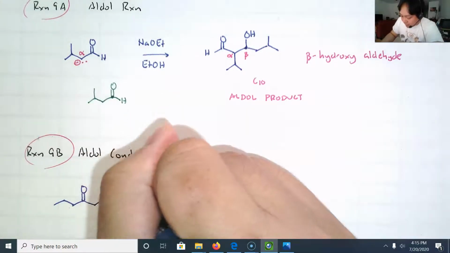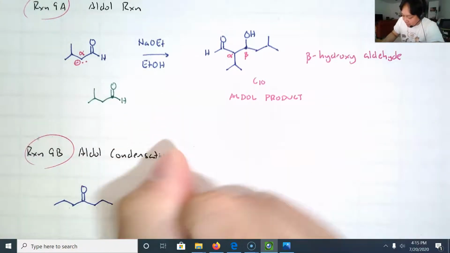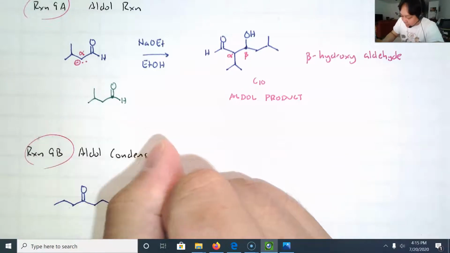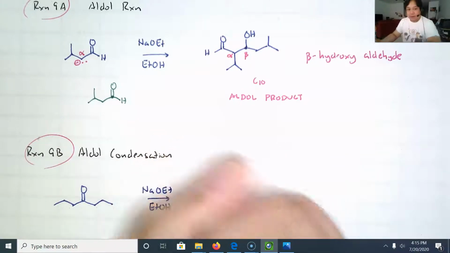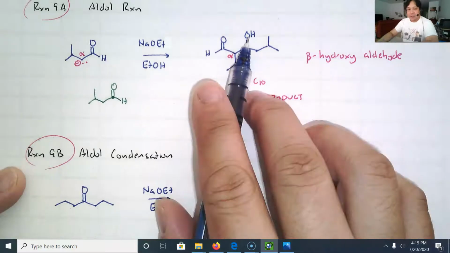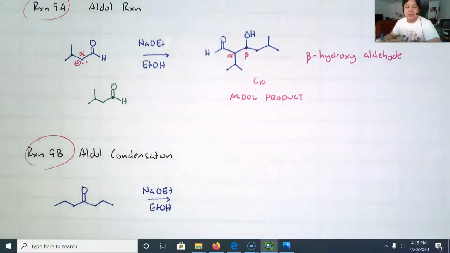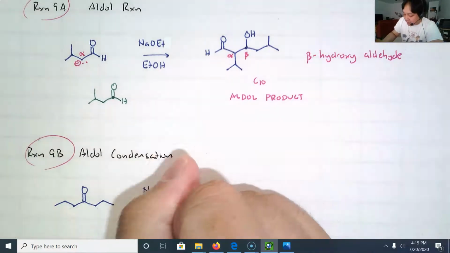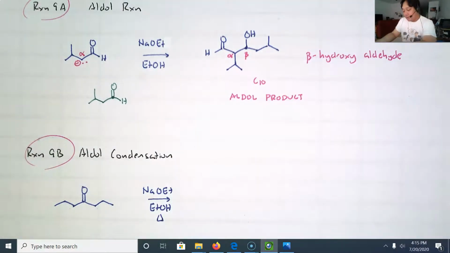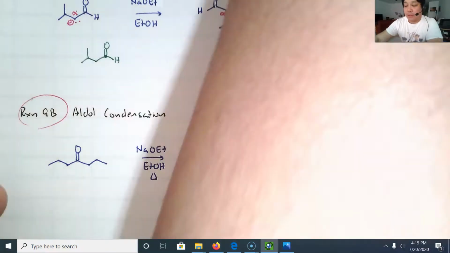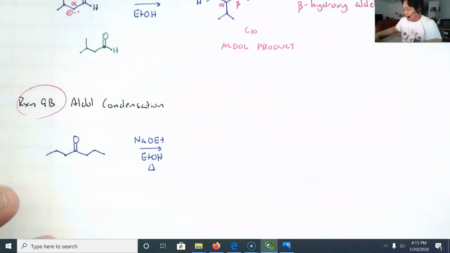We're still going to use a base. We're still going to give ourselves a proton source, right, to protonate that oxygen. But now to cause the dehydration, all we have to do is add heat. And that's it. So without heat, you do the regular aldol. With heat, you do what we're about to do, the aldol condensation.